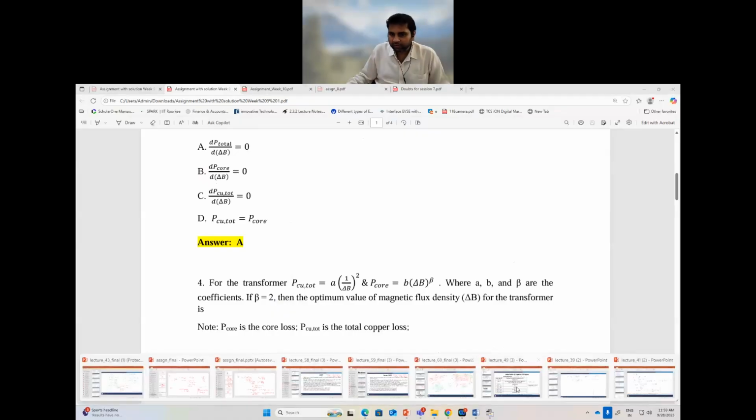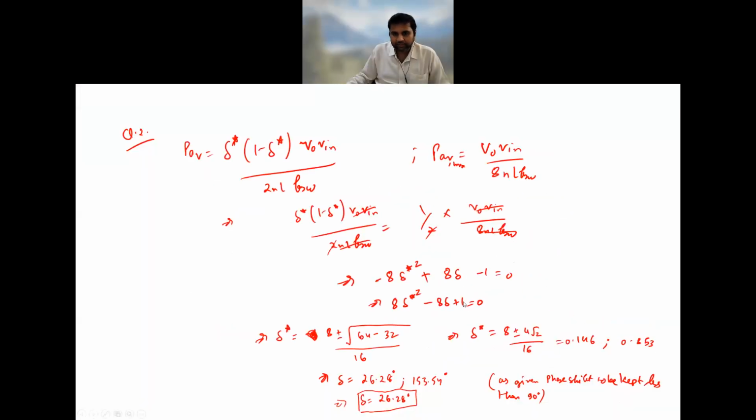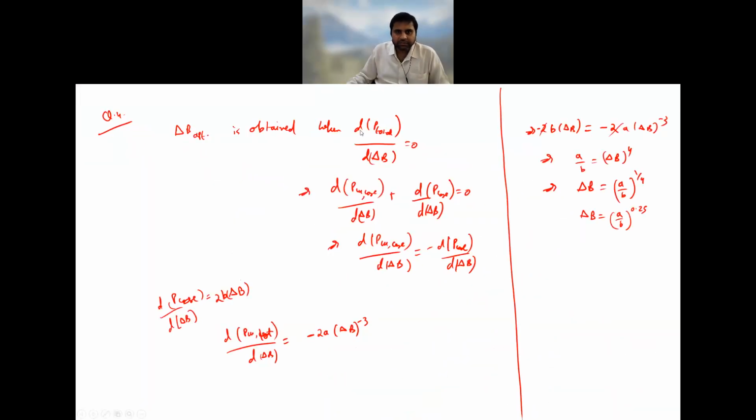For that, you take the expression d P total by d delta B equal to 0, which is nothing but the summation of P copper and P core. Let me write down, this is P total.